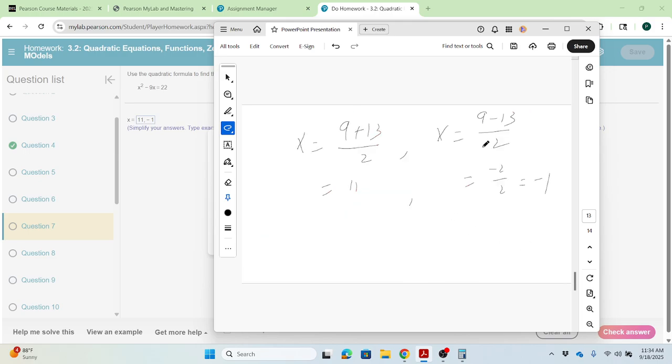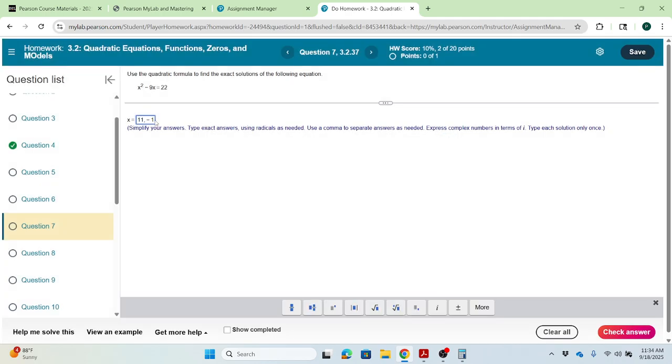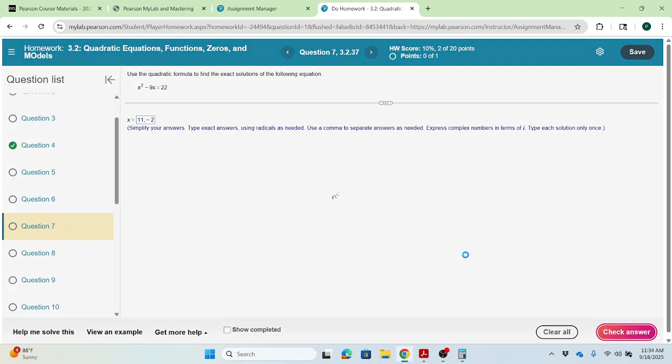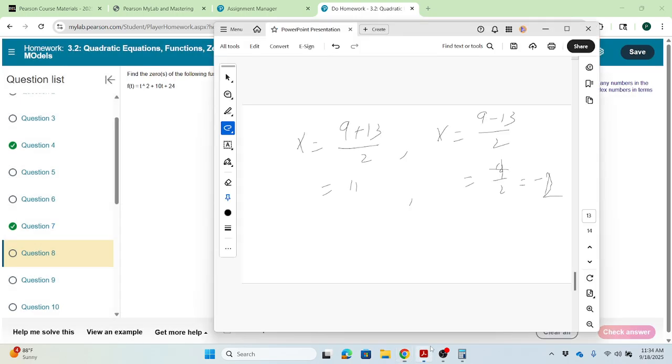Okay, that's the wrong part. This is minus 4, not minus 2. So that would be minus 2. So it's plus 11 and minus 2. My mistake was subtracting: 9 minus 13 is minus 4, not minus 2. That was the mistake I made here.